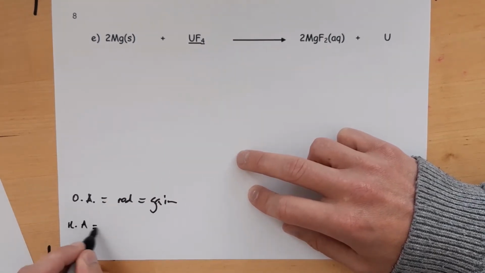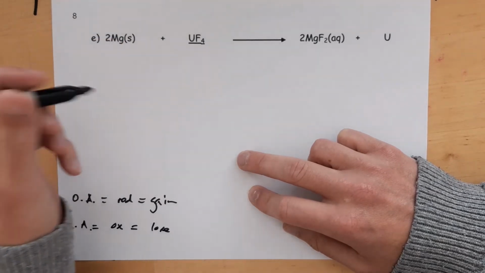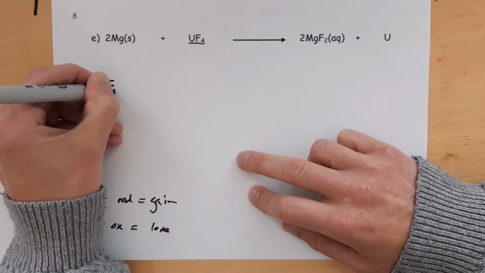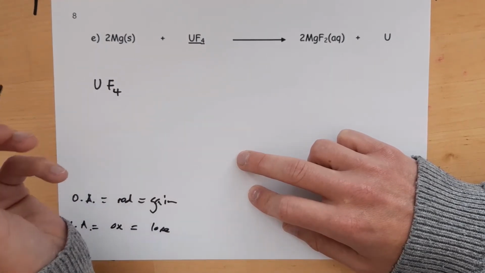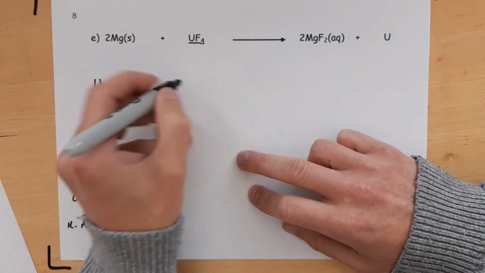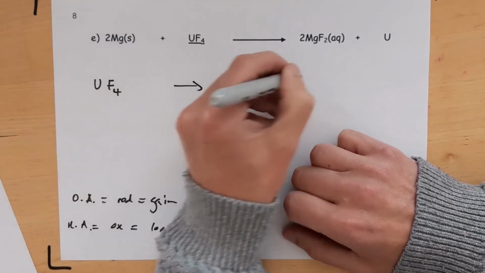Reducing agent equals oxidized equals loses. So we have UF4. What's happening to this here? This is a bit tricky, isn't it? So UF4 goes to the F2.